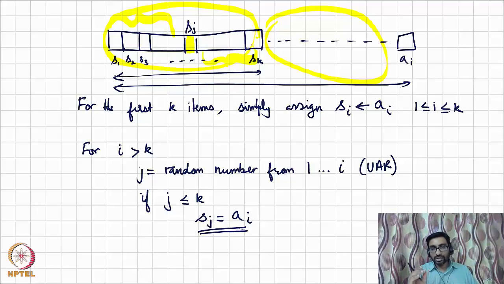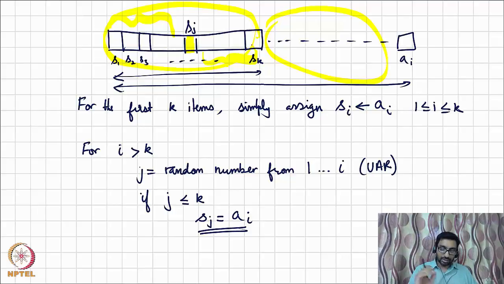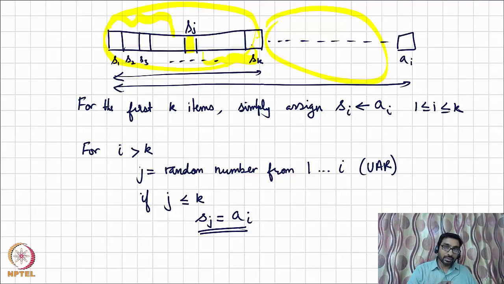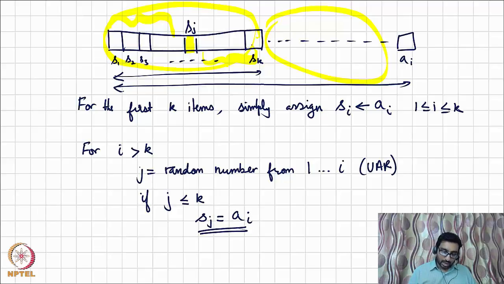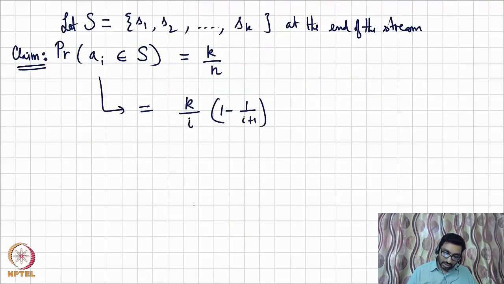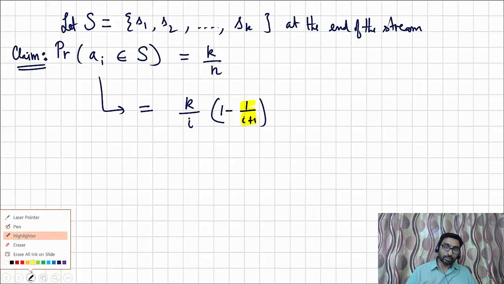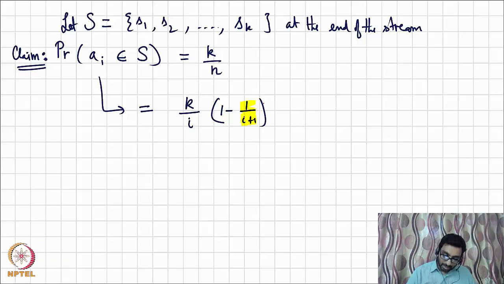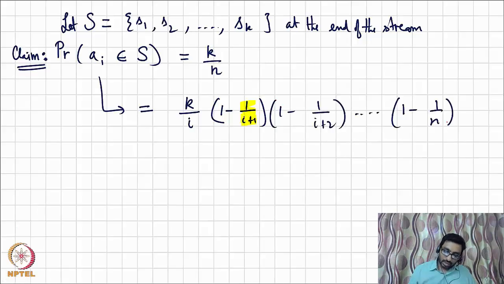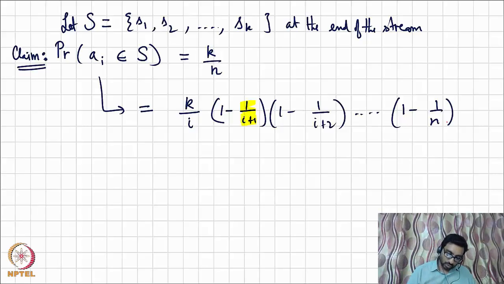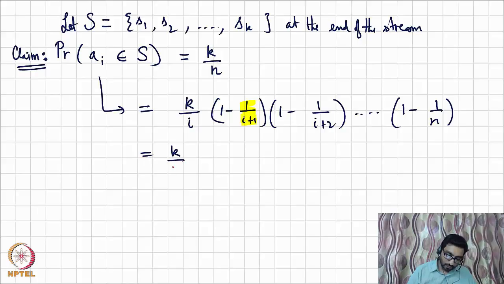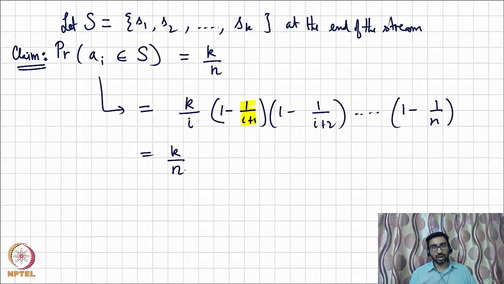The only location it should not fall into is Sj, because if it falls in Sj, then our item ai has to be evicted. And the probability of that is 1 over i plus 1. Therefore the probability that ai gets retained is 1 minus 1 over i plus 1. Of course this has to be maintained throughout, so you get a similar telescopic product which finally will evaluate to k over n, which is exactly what we wanted.